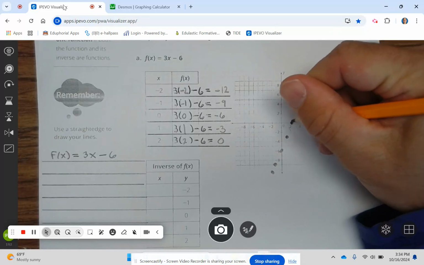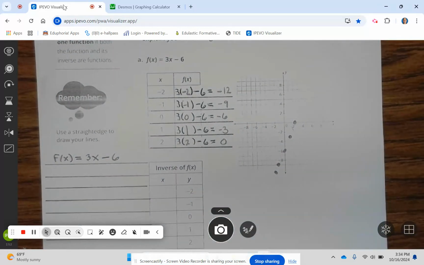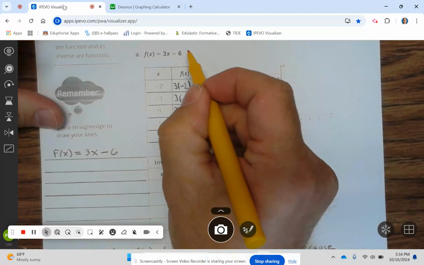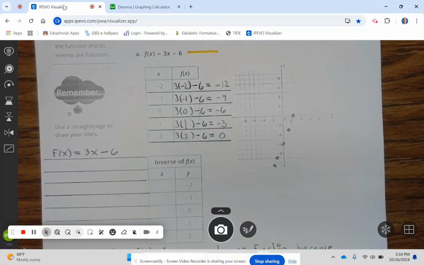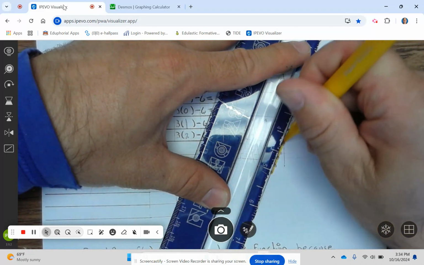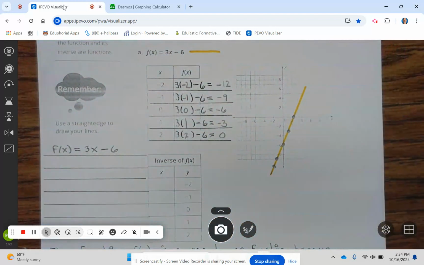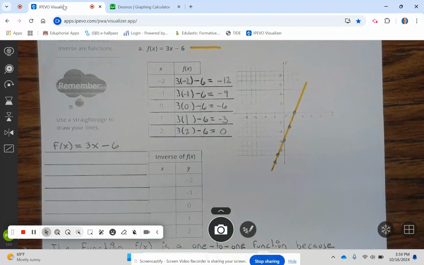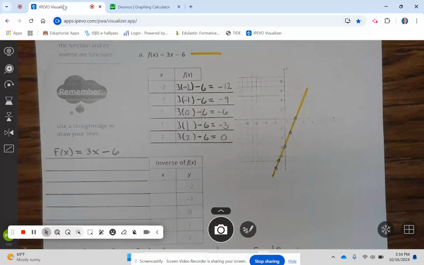So 2, 0. Go ahead and finish up the table and graph.